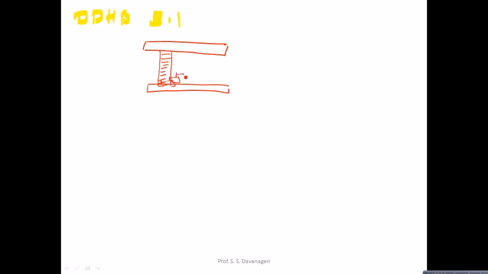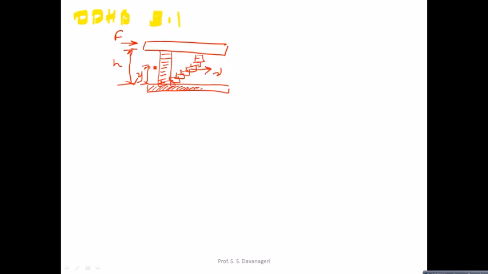One is a fixed surface, another one is a moving surface. Now this is the condition of your fluid medium before the application of velocity. H is the thickness of the fluid film. F is a force.